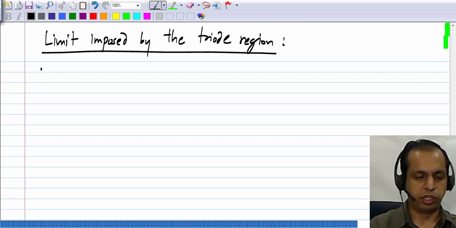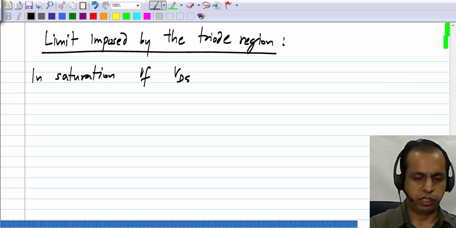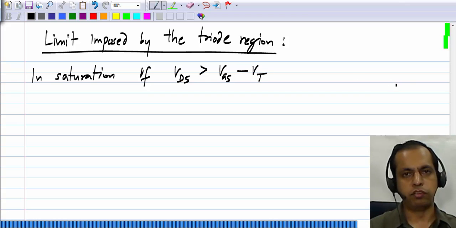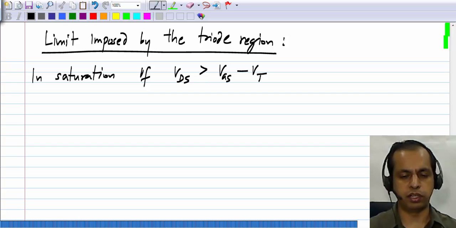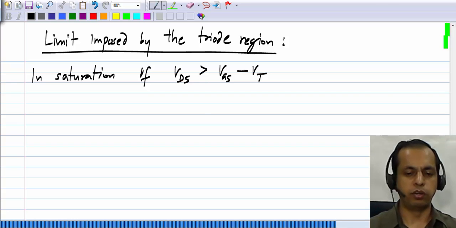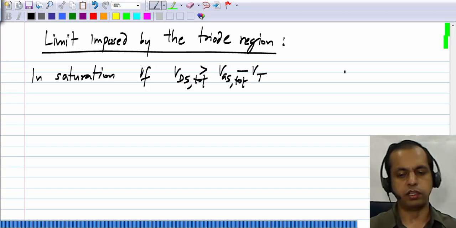Now the transistor remains in saturation if VDS is greater than VGS minus VT, and otherwise if VDS becomes less than VGS minus VT, it enters triode region. Now to evaluate this limit, we just have to substitute the total quantities in here.